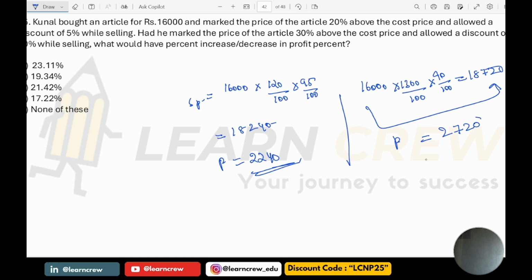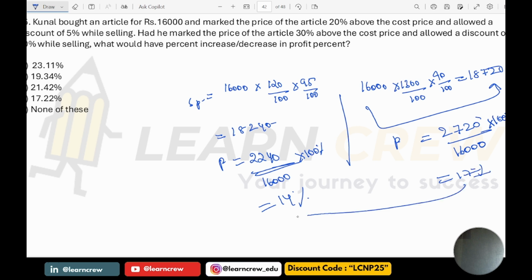So this 2,240 on 16,000 is actually 14 percentage. And 2,720 on 16,000 is how much? 17 percentage.